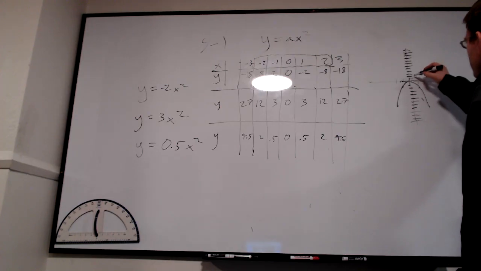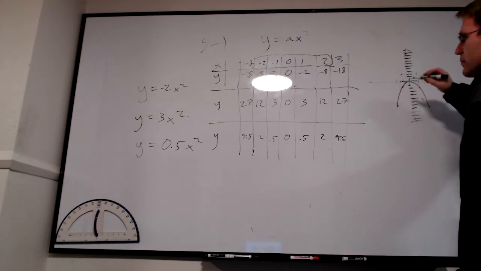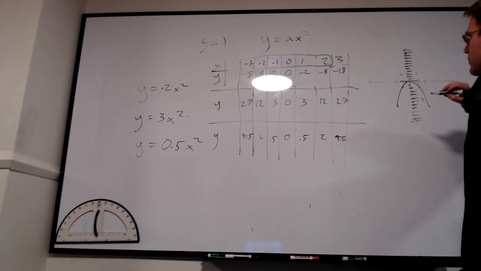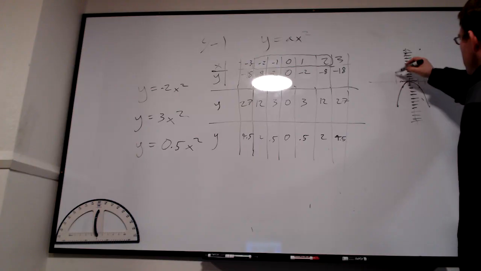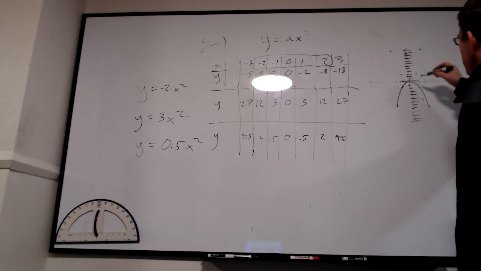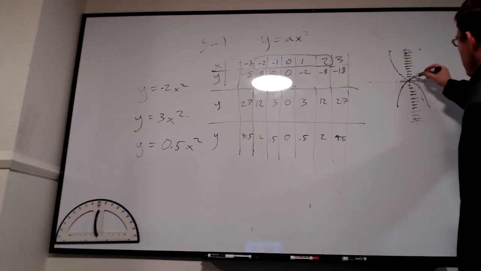Then the next one would be 0, then 1, -2, and 2, -8.